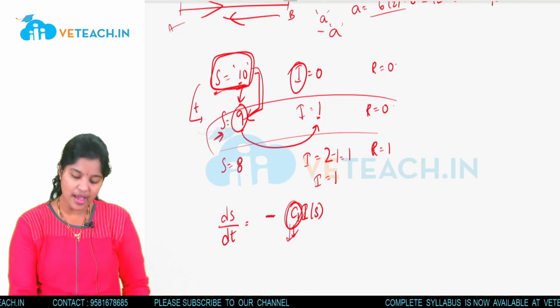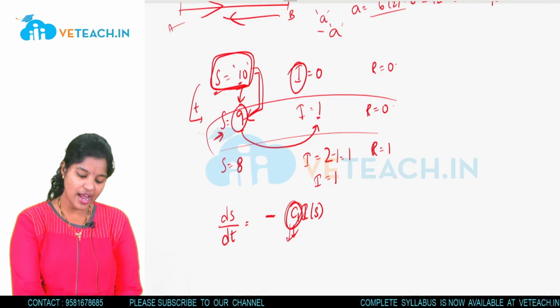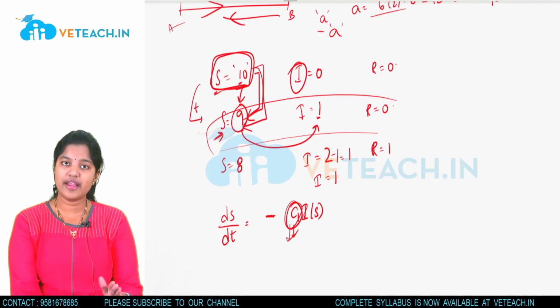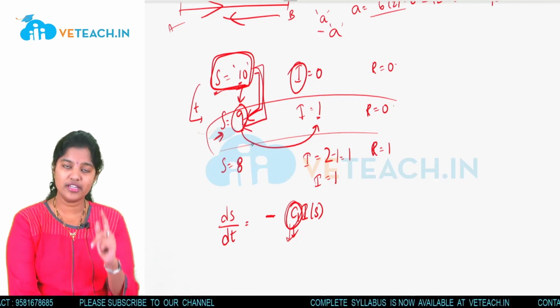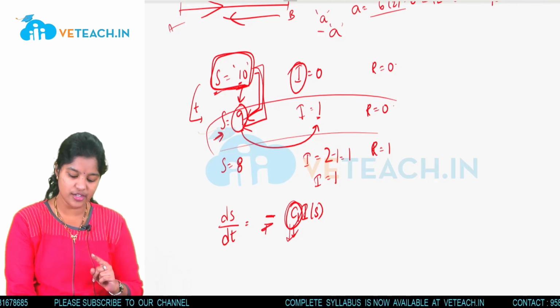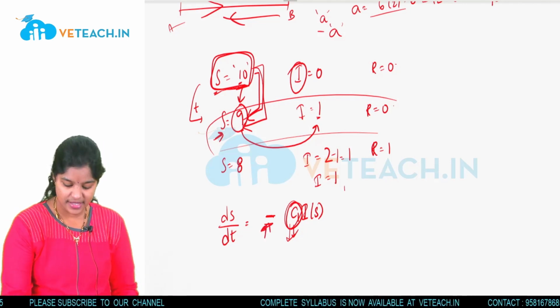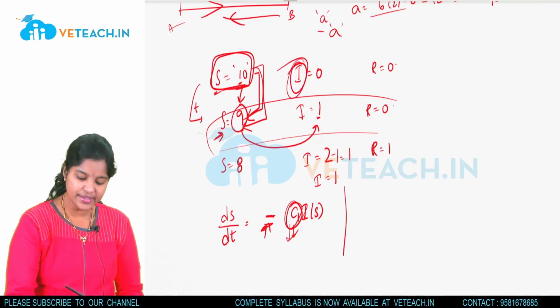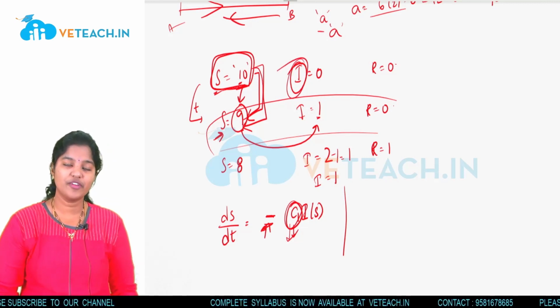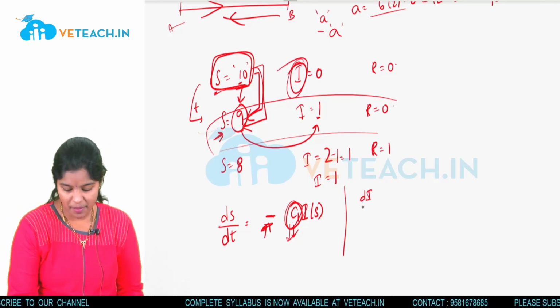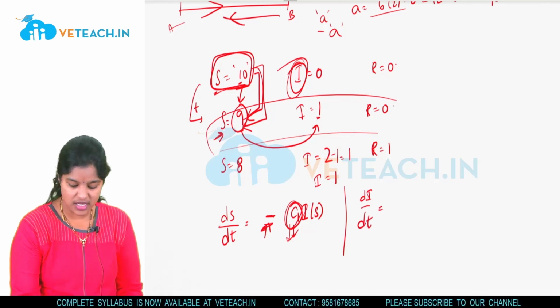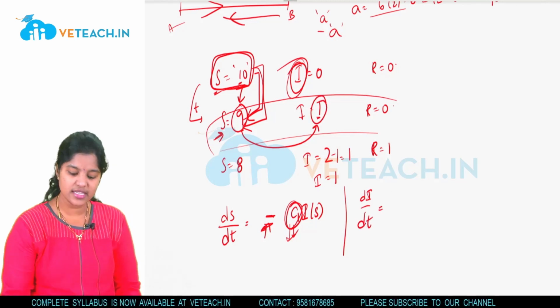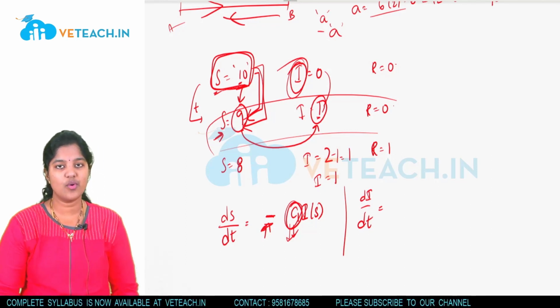Here I keep minus because, again, the value of S keeps on decreasing from 10 to 9. In case of decrease, you should use the negative sign. Next, take the differential equation of infected persons. The infected persons keep on increasing from 0 to 1 and so on.